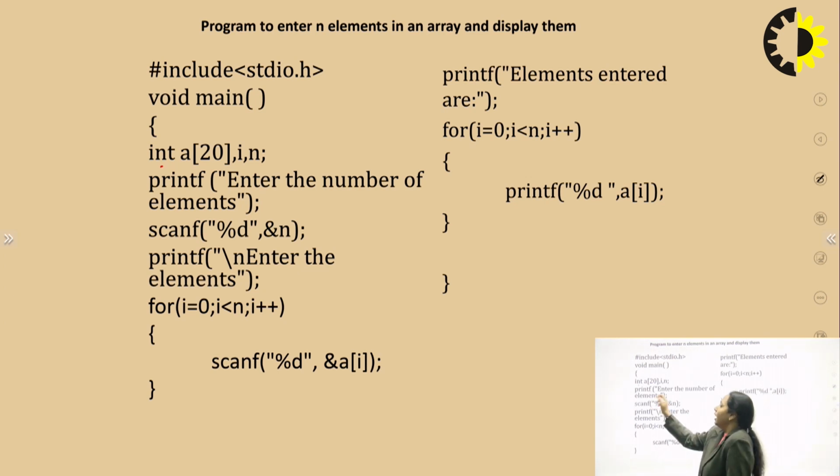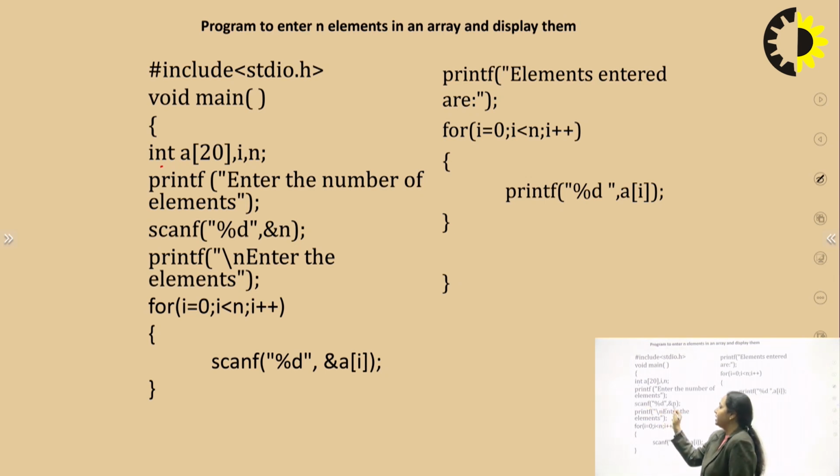Now, I can ask the user how many elements they want to insert within the array, which cannot cross the limitation of 20. So a maximum of 20 elements can be entered by the user as the size of the array is declared as 20.